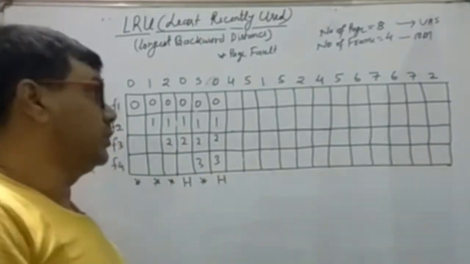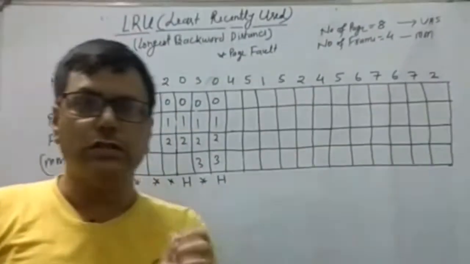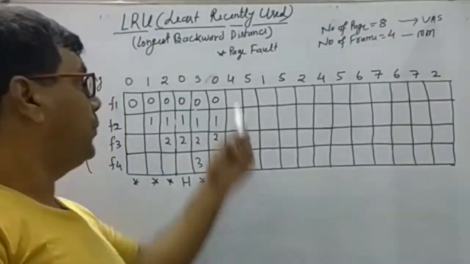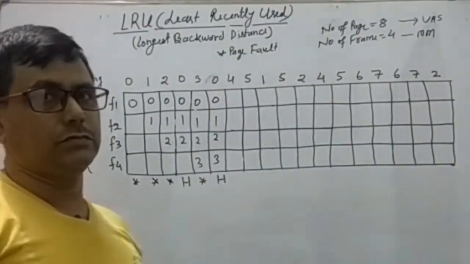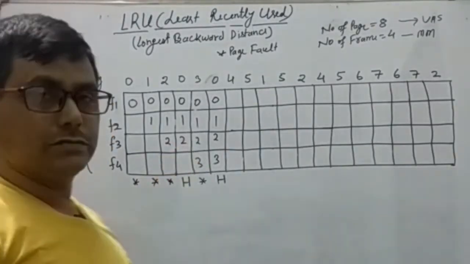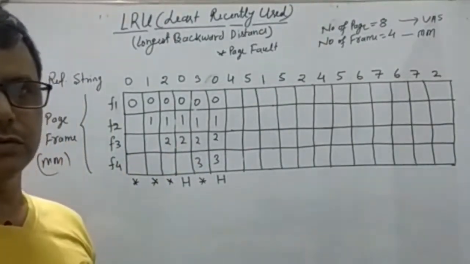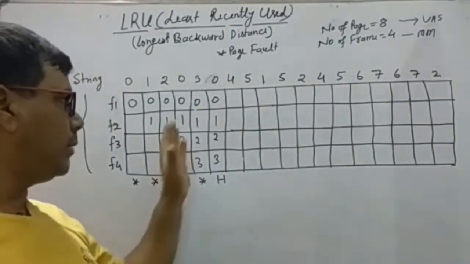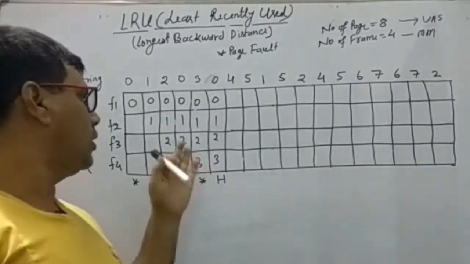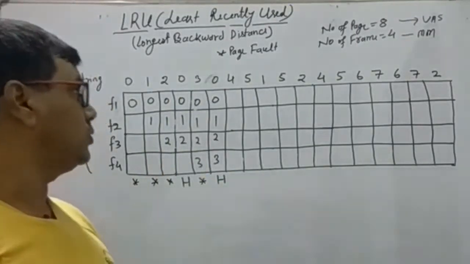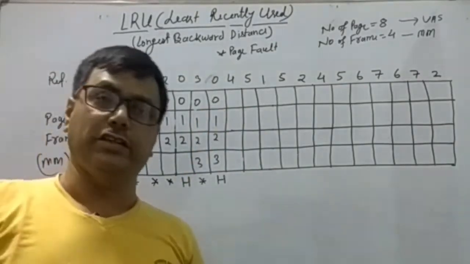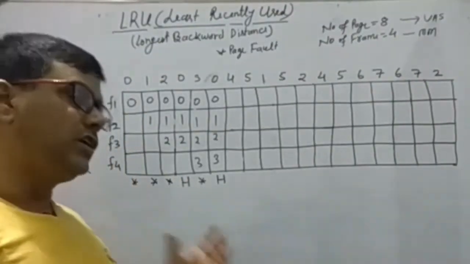Now again, here you need to understand. Page number 4 arrives, then what happens? All the frames are filled, no frame is empty right now. Definitely we need to choose one frame out of all 4, because we have to map page number 4, since page 4 is requested by the CPU and must be available in a page frame.